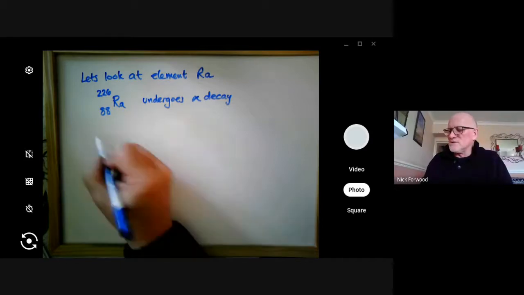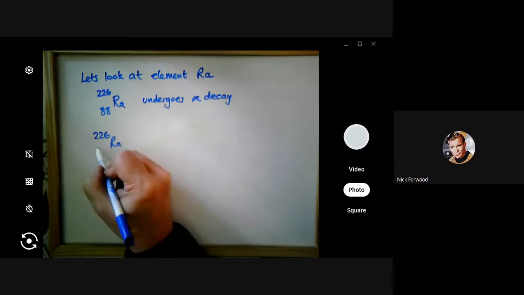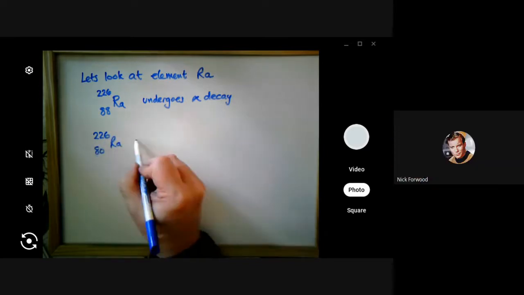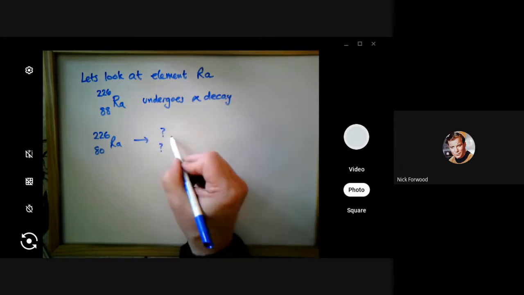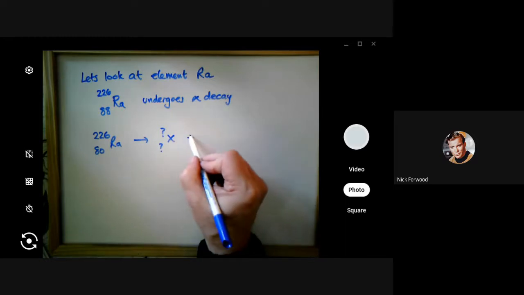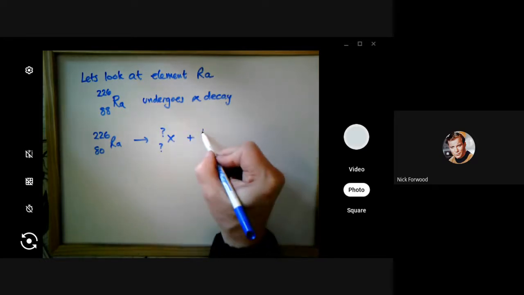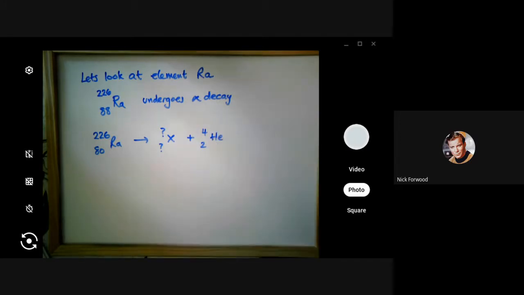So I've got my radium-226, and it's going to decay into something, which I don't know what it is, some sort of mystery element, but it's going to emit a helium nucleus. And this is called a nuclear equation. And what I want to do is find out what that mystery element is.